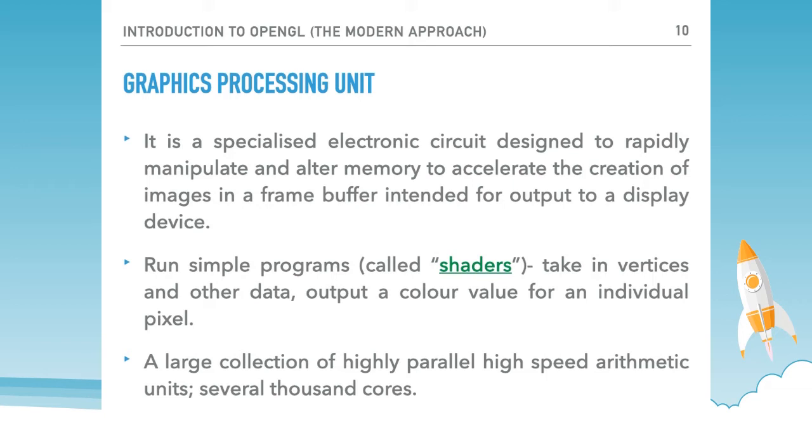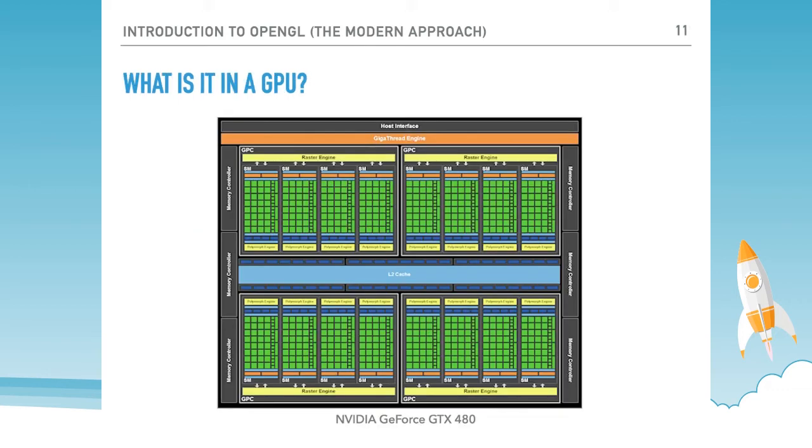It runs simple programs called shaders, which take in vertices and other data. Now, since this unit has to do all the hard rendering work, it is essentially a CPU but with thousands of cores, as you can see in this diagram. This is an example for the NVIDIA GeForce GTX 480 model.